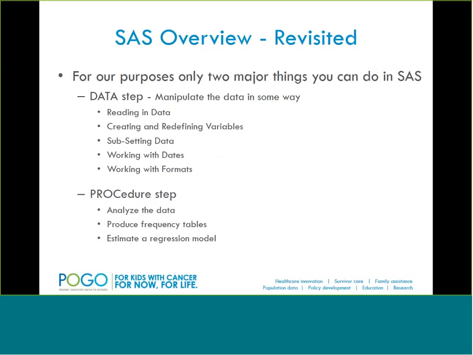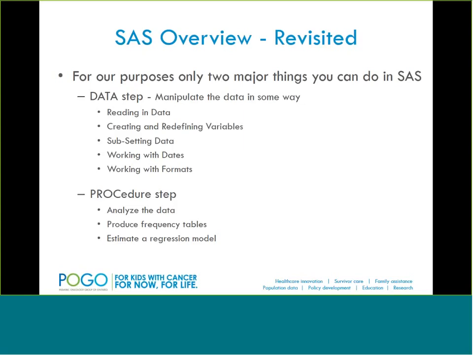So a brief overview of what we've learned so far. For our purposes, there's really only two main things we can do within SAS right now, a data step and a procedure step. So within a data step, that's how we manipulate our data. We read in the data, we create and redefine variables, we subset it, we assign it formats and whatnot. And then there's also some procedure steps where this is when we really analyze the data and see how it's distributed, and that's how we run our regression models.